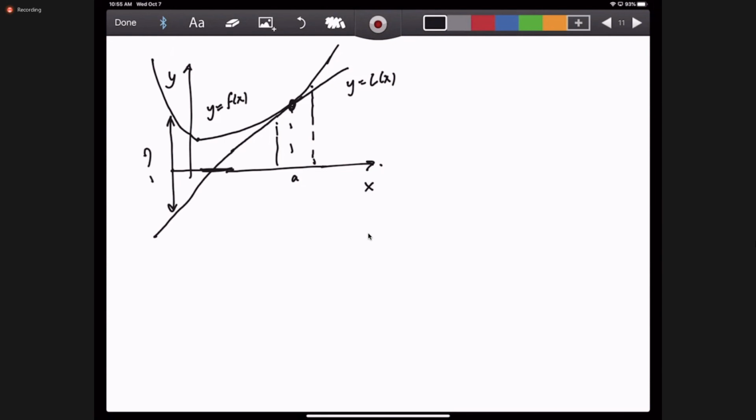it might not be a good approximation, right? Just because the tangent line approximation works well close to the point doesn't mean that you can use it arbitrarily far away. So you really have to be careful about that.